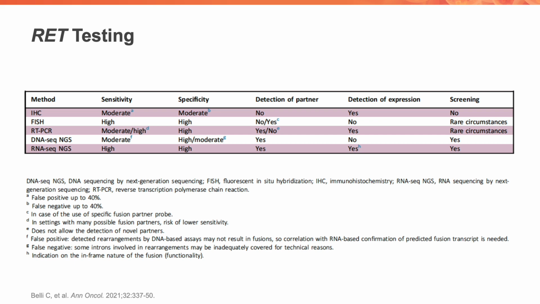So we know that RNA sequencing-based NGS assays have the highest sensitivity, the highest specificity, and they're able to be multiplexed. So ultimately, when reaching for a tissue-based assay for RET fusion detection, I reach for RNA-based next-generation sequencing.